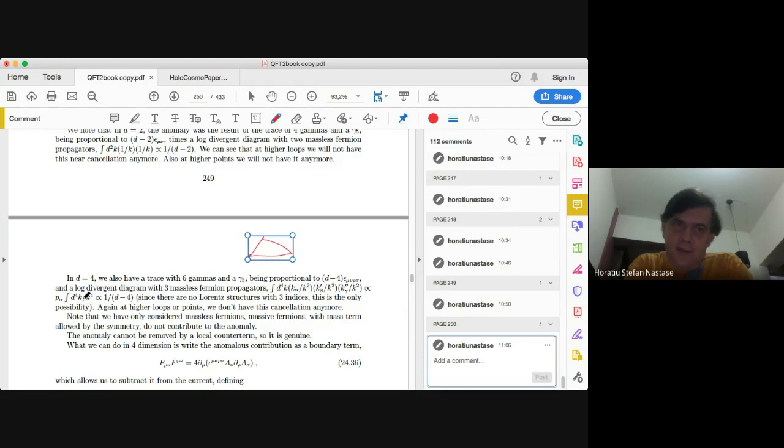Then dimensionally I have d4k divided by k to the 4, because I have 1 over k from the 2 propagators that were contracted. And then for the other one, I peel off the numerator, but I'm left with the denominator, which is k squared. So it is d4k over k4. So this is a log divergence, which in dimensional regularization is 1 over d minus 4.